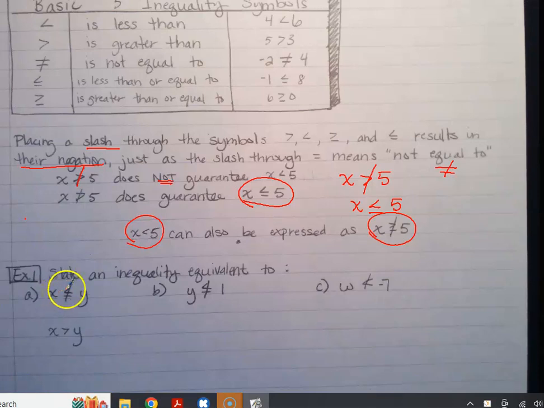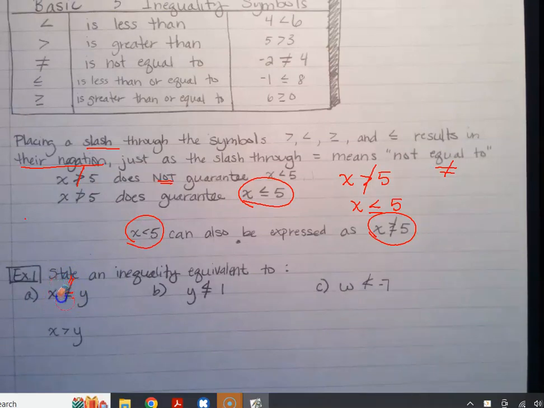It says x is not less than or equal to y. So x is not less than or equal to y, which means x has to be greater than y. Can x be equal to y? We just said it was not, right? Because the equal sign was in there.